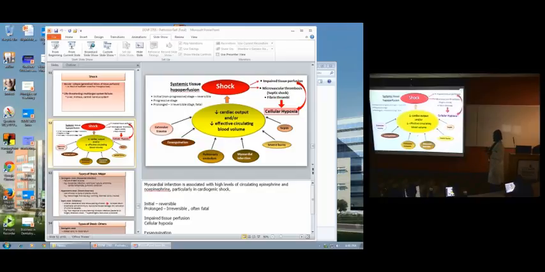So the end result of shock is injury to the tissues as a result of reduced oxygen supply to the tissue. But it's the septic one that tends to have this added element of the microvascular thrombus, and that's why I have this arrow, okay?